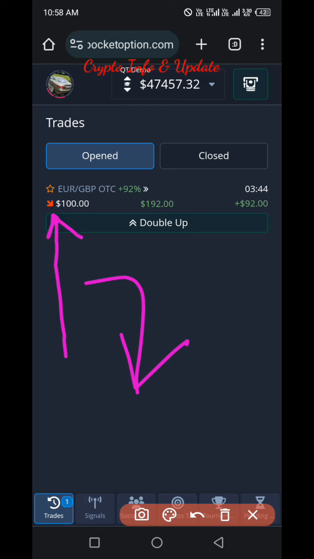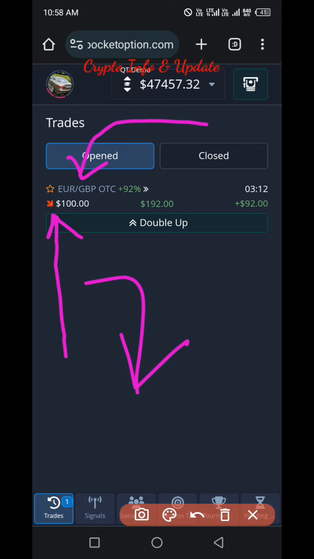So the lower position which I took in the initial trade didn't change in the new trade. And the currency pair I'm trading, which is EUR/GBP OTC, didn't change either. What changed is my initial capital became doubled and my initial payout percentage became doubled. So two things changed: initial capital and initial payout percentage.